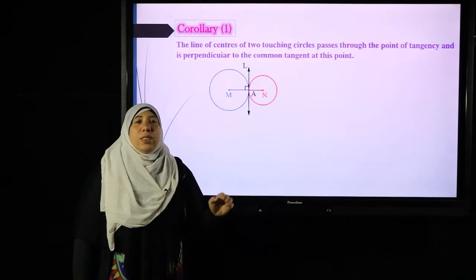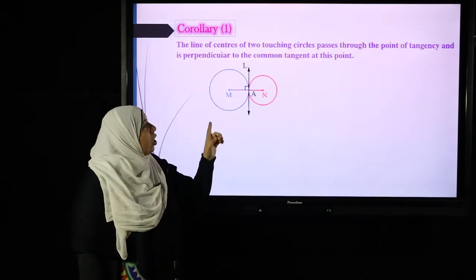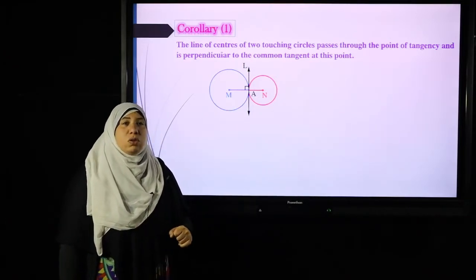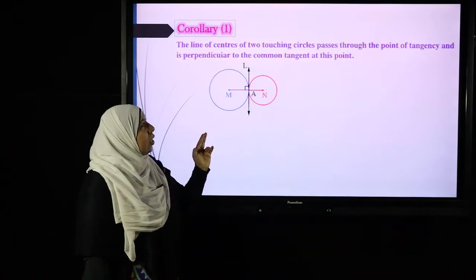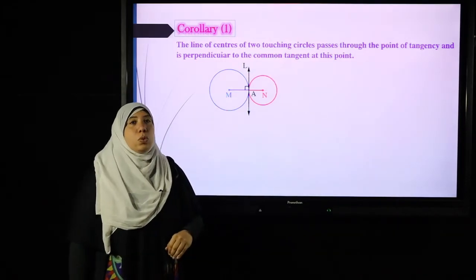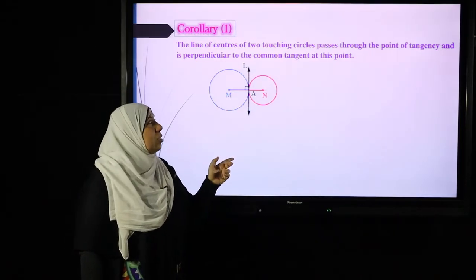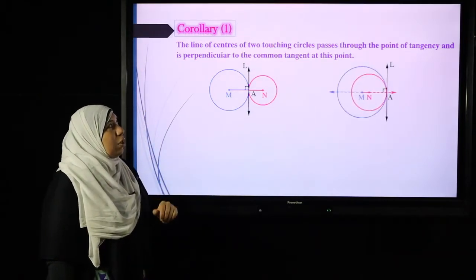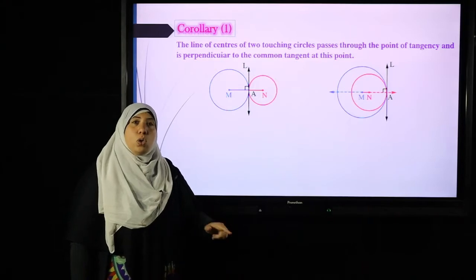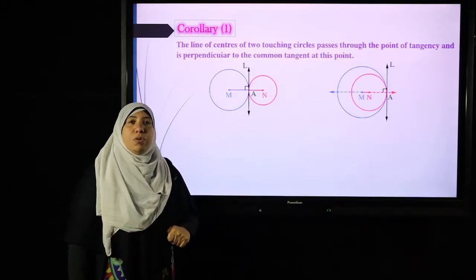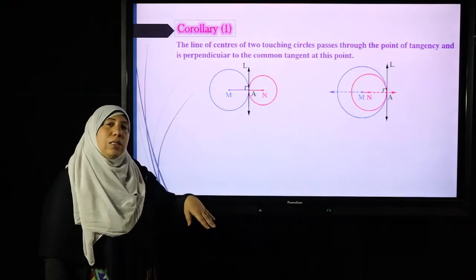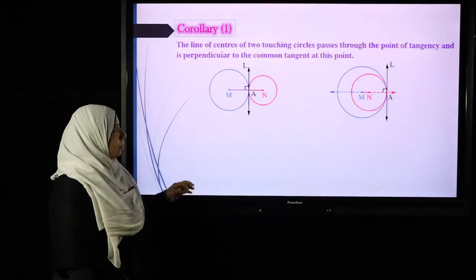This common tangent is perpendicular to the line of centers. MN here is called the line of centers. This is an important remark. And if they are touching internally, also L here is a common tangent for the two circles, and the line of centers MN is perpendicular to L.